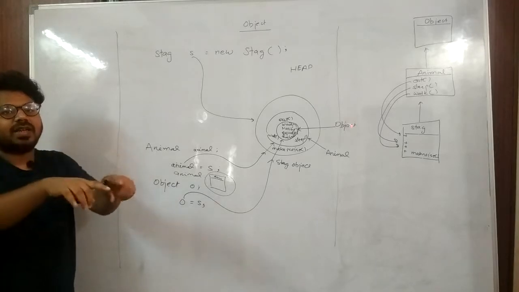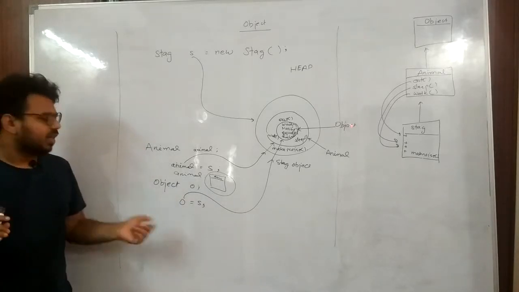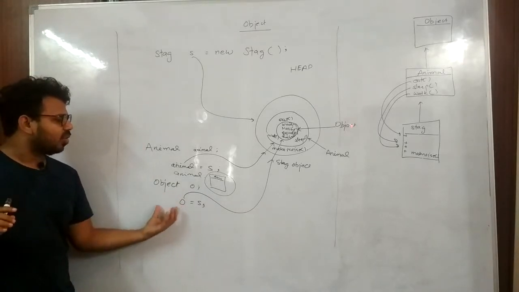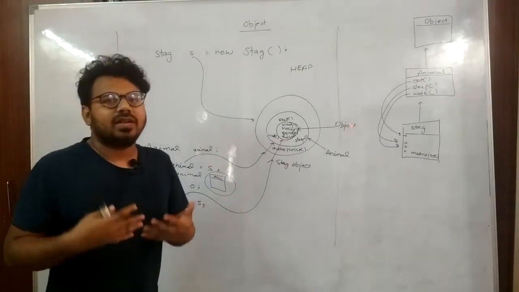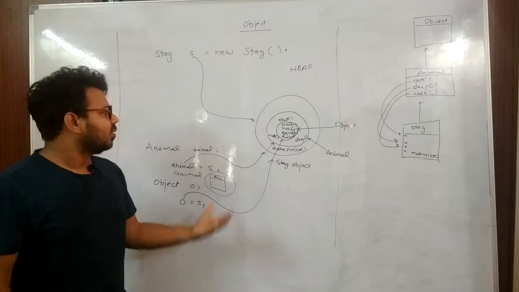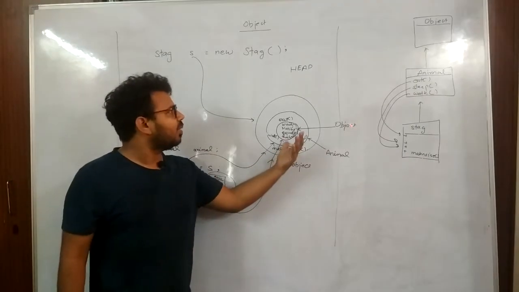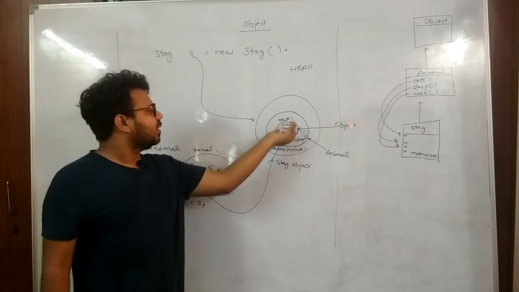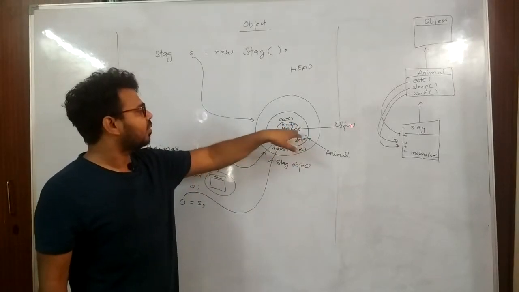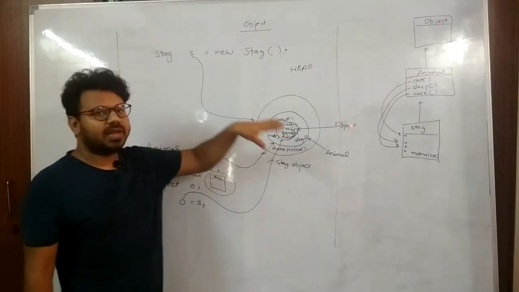We can see only an animal, we cannot see a stack object. So how will object behave? It will have these behaviors, that is equals, hashCode, wait, notify and other methods.